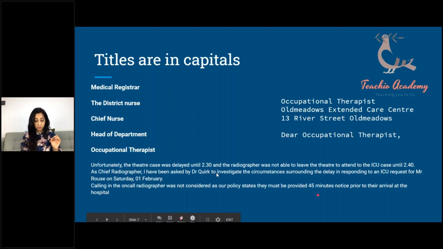Okay. Then he talks about himself as Chief Radiographer. Now, this is the title of the person, the post that he holds. So that's why he's put that into capital letters. "As Chief Radiographer," the C is capital and the R is capital, comma.